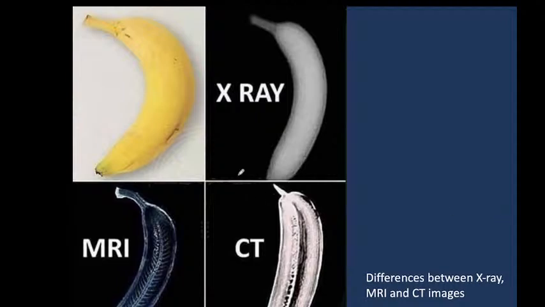That is a banana. Here you see X-ray examination of the banana, CT scan, and MRI image. As you see, when we look at the X-ray image here, we can hardly understand if it is a banana or a cucumber.